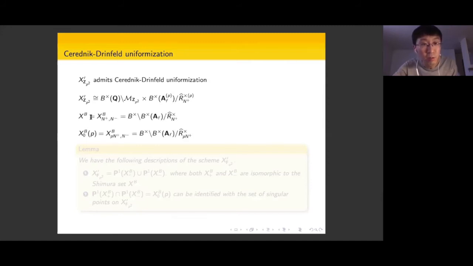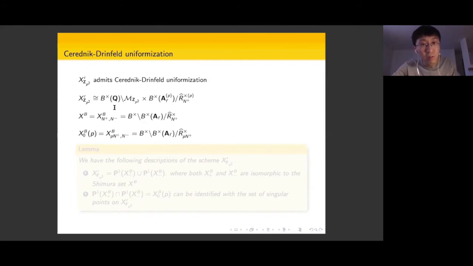And I just remind you that X_B is the Shimura set that appeared before, and X_B,Γ0(P) is the Shimura set when you add a Γ0(P) level structure to your original Shimura set. This is defined by some Eichler order of level Pn^+.